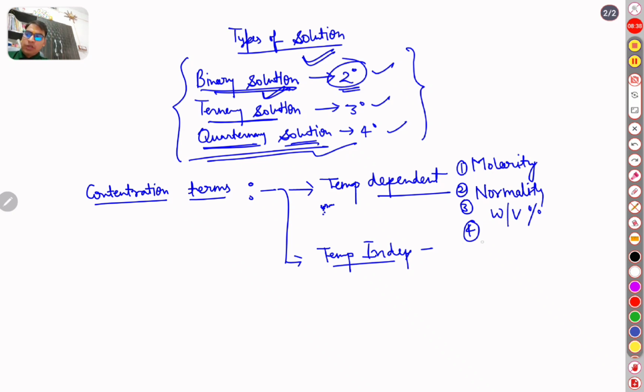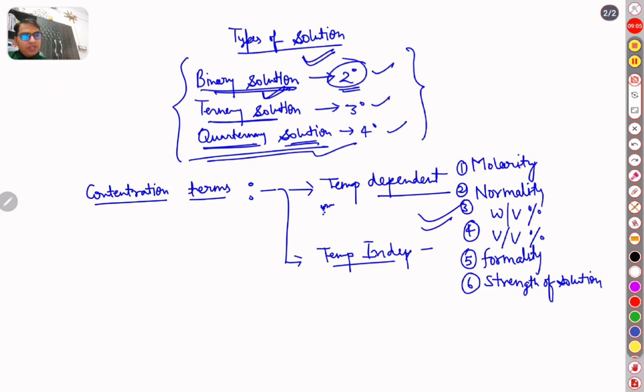Volume by volume percentage. Next one is formality, and the last one is strength of solution. These are the temperature dependent.